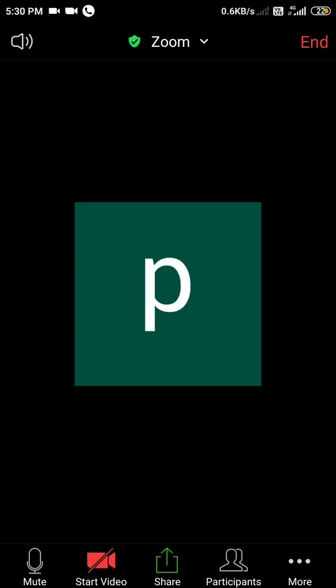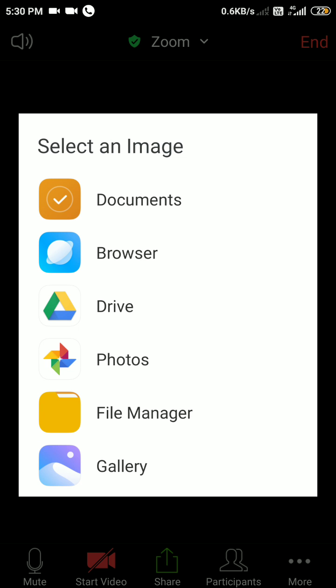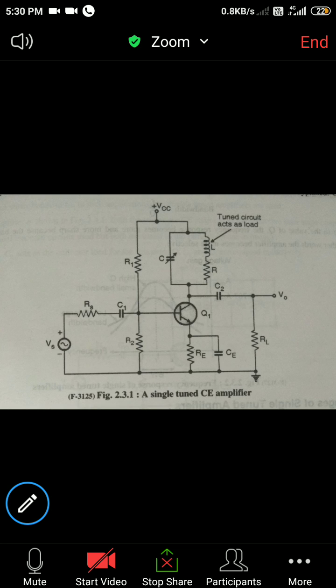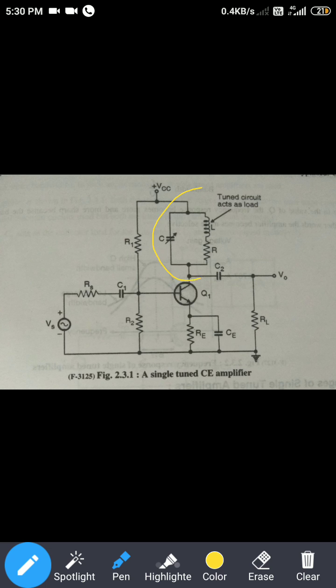Let me share the diagram of the single tuned amplifier. This is the basic diagram, where you can observe the tuned circuit consists of the resonant circuit, that is R, L, and C, where C is the variable capacitor to vary the frequency range so that your circuit can be properly tuned.